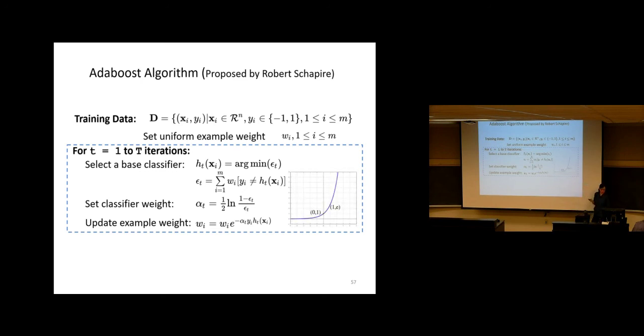The final classifier is this summation of alpha t times all the base learners. There is a lot of theory behind the choices of the weights of examples and the weights of classifiers, and I have a lot of extra slides if you want to read those.